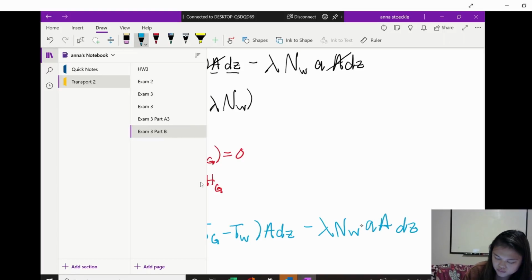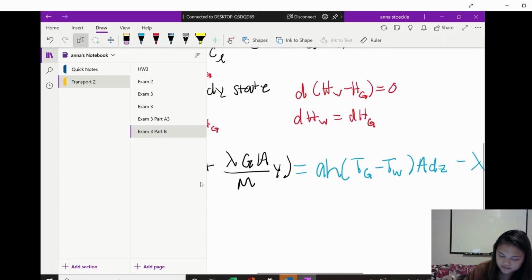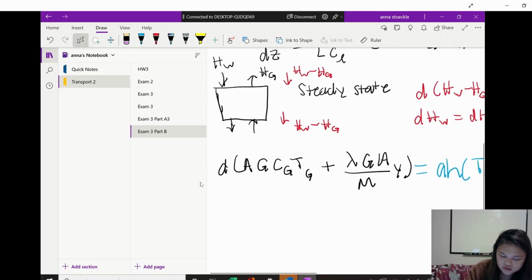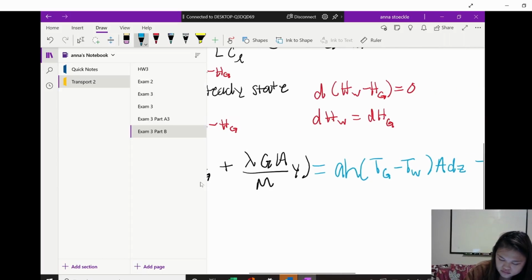So that volume gives you the surface area. And so what I can do is cancel out all of these areas.